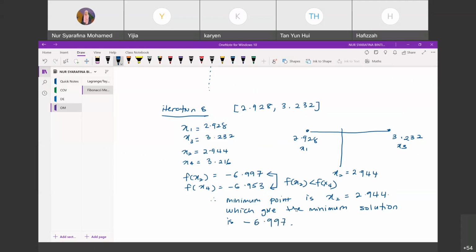So this is how you obtain the minimum point with the minimum solution.